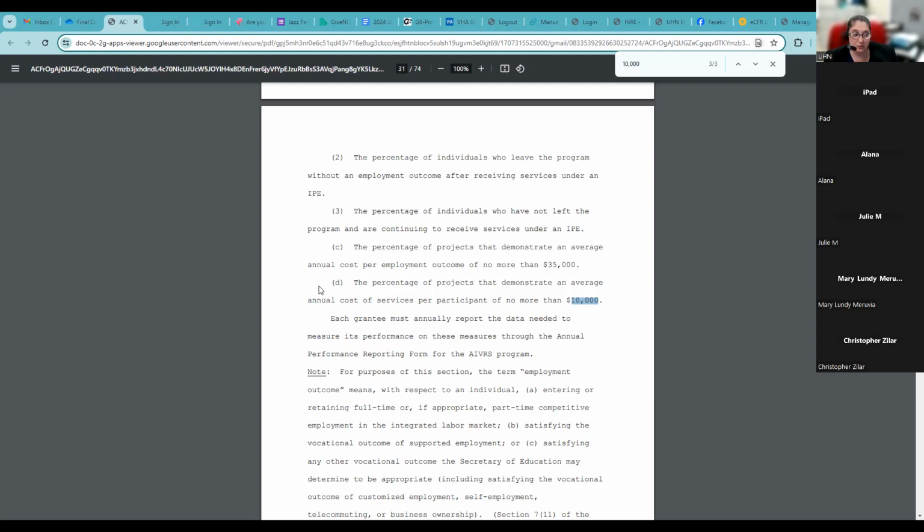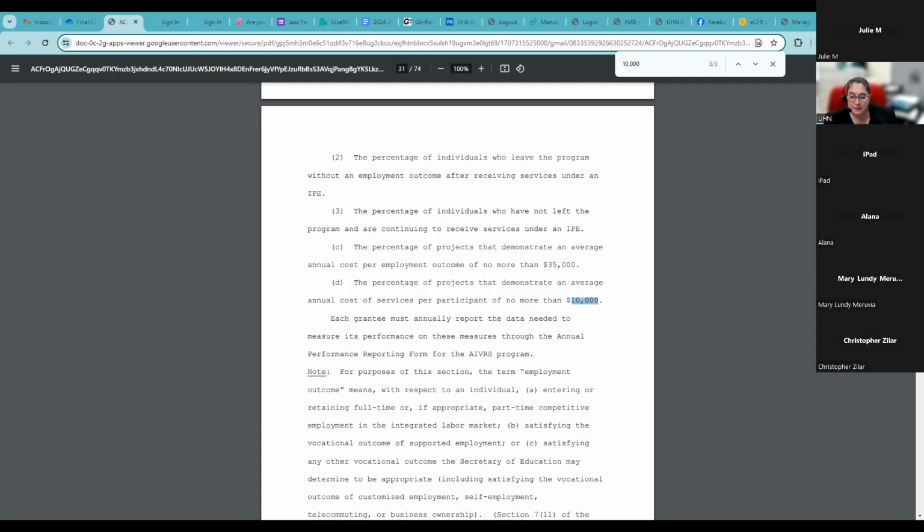It's something to go back and look at. Right. Go ahead. No one should write a budget that shows they cost more than 35,000 for every successful closure. I think you can justify it, but you need to definitely make sure you can justify why your cost may be significantly higher than other folks'. Go ahead, Julie.